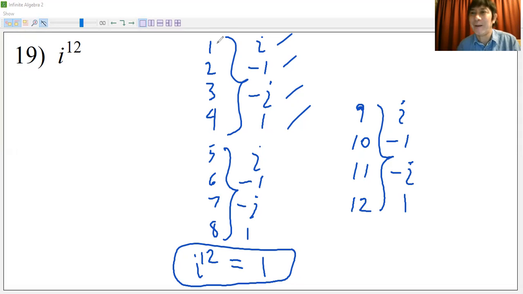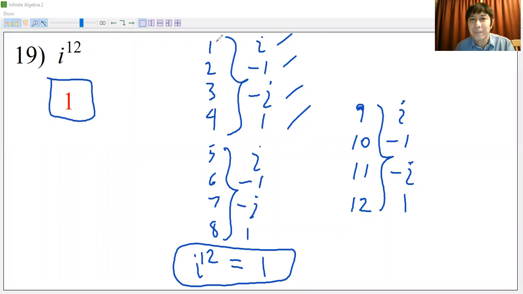How about I to the 8? We take 8 divided by 4, that will again be remainder 0. Each time you divide by 4 and the remainder is 0, the answer is 1. So this is I to the 12, and the answer is 1.